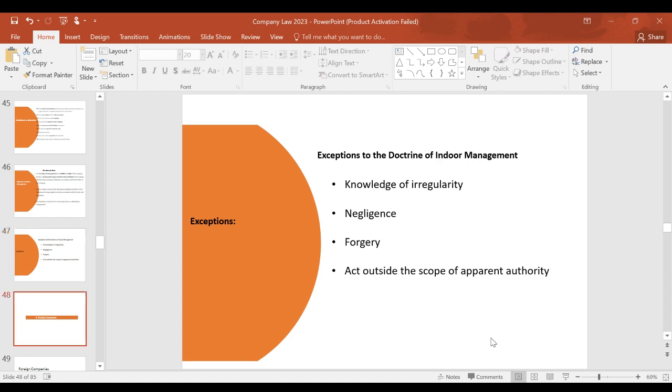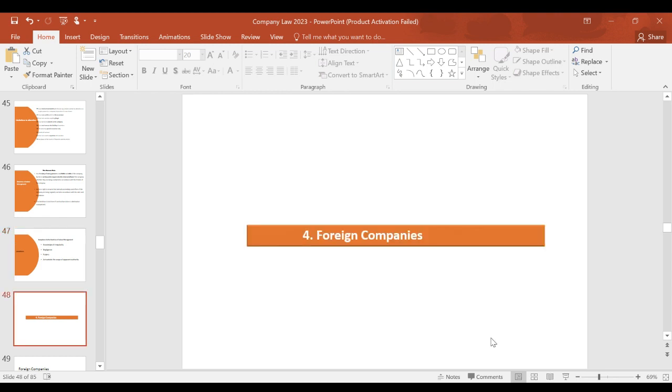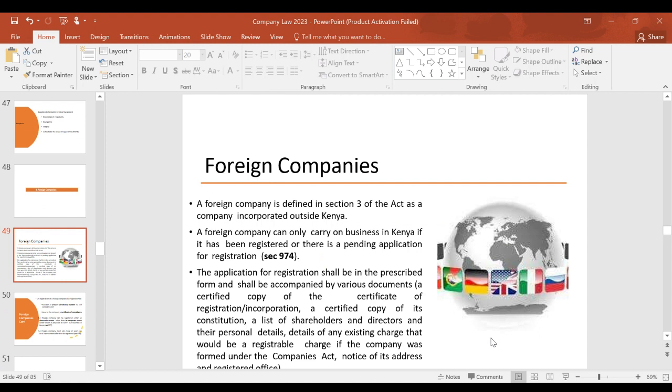Now, let us look into another chapter, which is chapter 4 on foreign companies. This is a short chapter. I will just run it through to highlight a few important things on foreign company registration in Kenya.